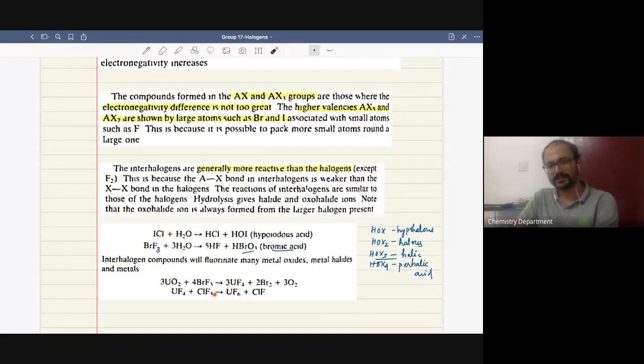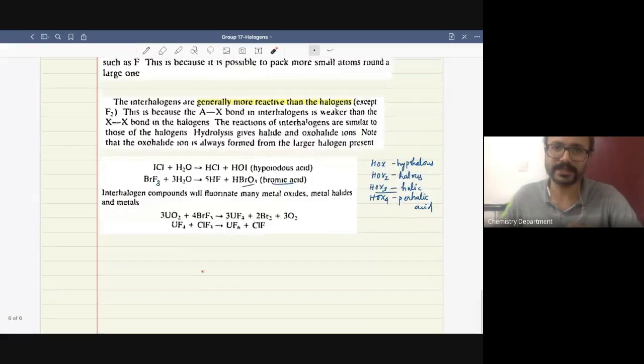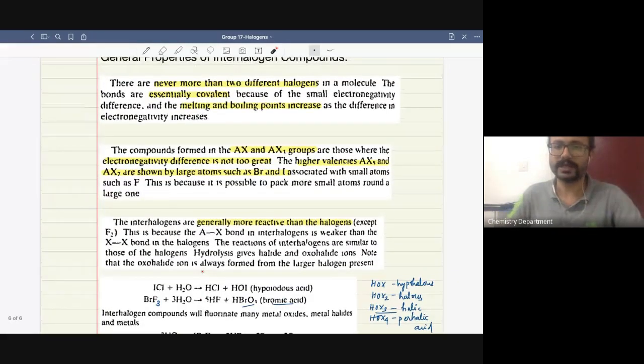Fluorination is done here. So for fluorination of oxides, metal halides, or metals, we will use the corresponding interhalogen compounds. These are the various general properties shown by the interhalogen compounds.